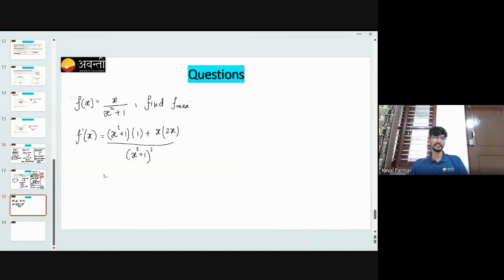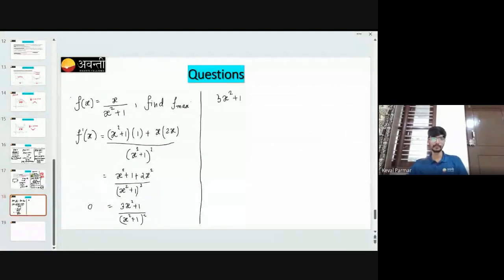After simplification I will get x square plus 1 minus 2x square upon x square plus 1 the whole square. That means 1 minus x square upon x square plus 1 the whole square, to make it 0.